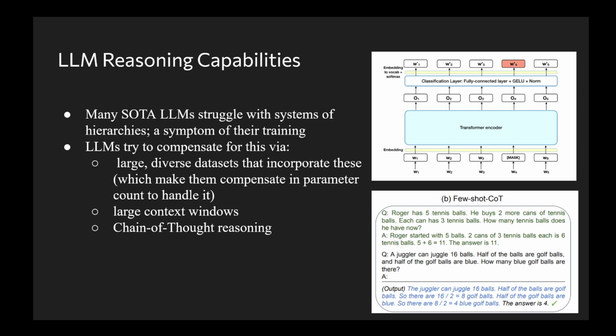Now, this is a bit of a special case where the local versus non-local context issue is also the reason that chain of thought prompting is successful.